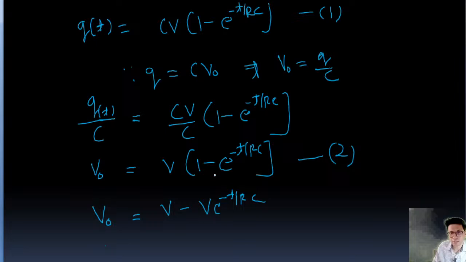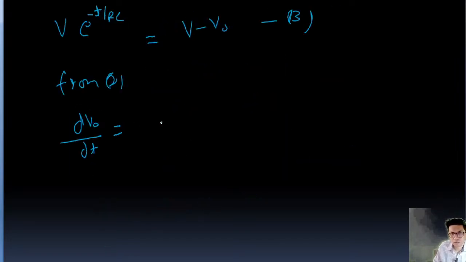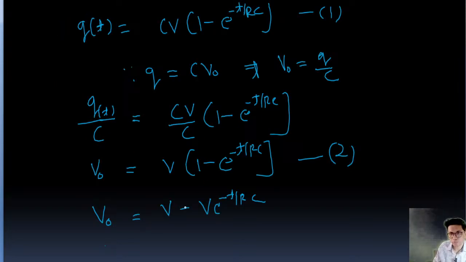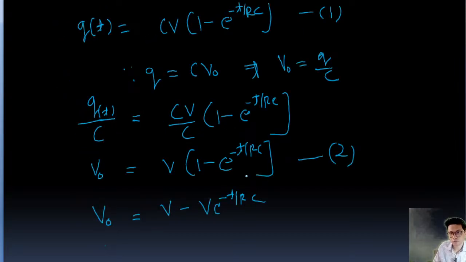I will differentiate this with respect to T, so this is going to be minus V into 1 upon RC, and this will be 0, times e to the power minus T upon RC. So what I have done is differentiated 2 with respect to T.